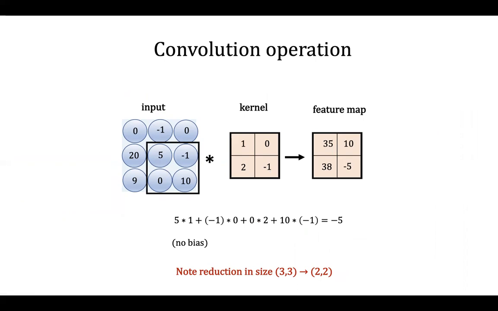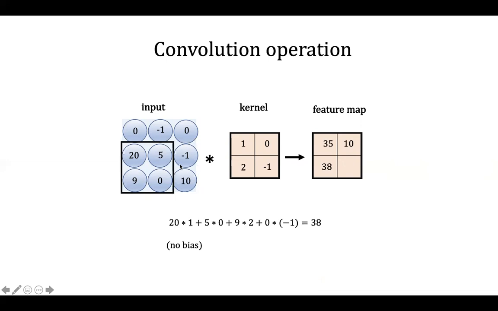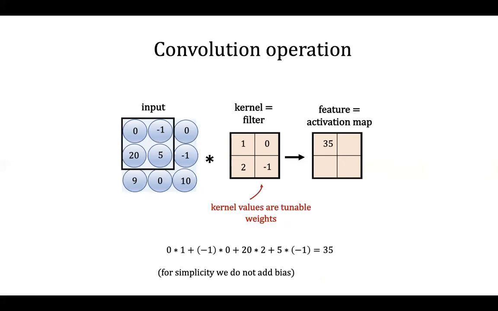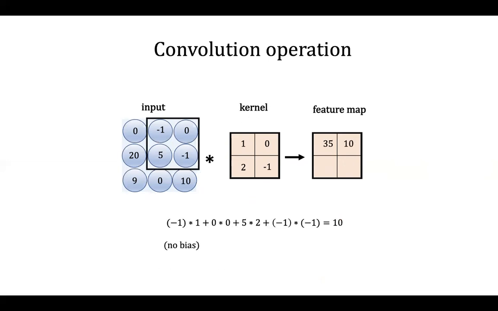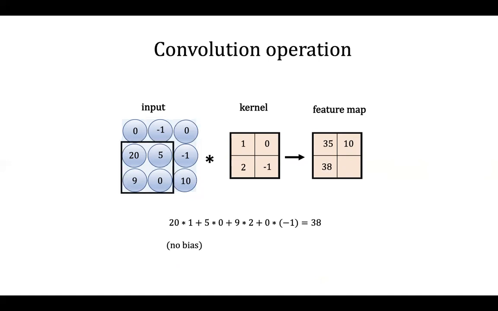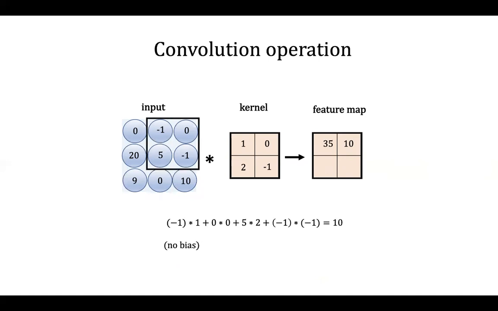What I meant is that when we move the kernel from one location to another, the weights are the same. The kernel is the same. So this is, let's say, the first channel's kernel.